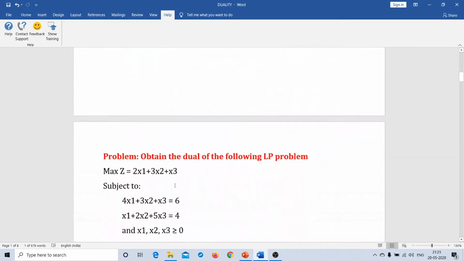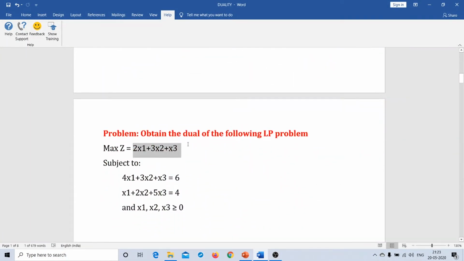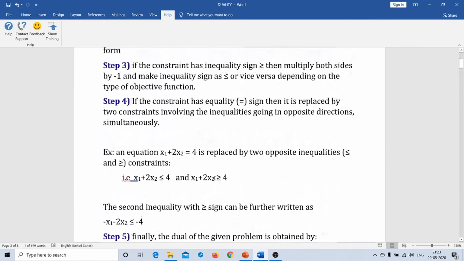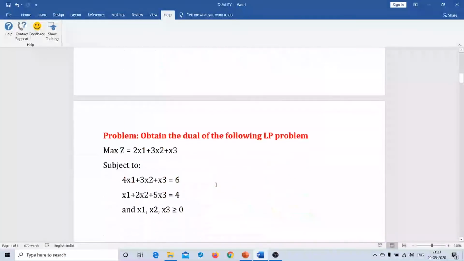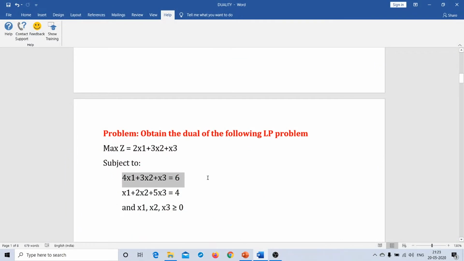So what you are trying to do here is you have an objective function with equality constraints, so the primal form will go into inequality constraints. That's what step 4 says, that if the constraint has an equality sign, then it should be replaced by 2 constraints. Watch out carefully. Each of these will be replaced by 2 constraints, so this one will be replaced by 2 and this one by 2. Totally we will have 4 constraints for this objective function.